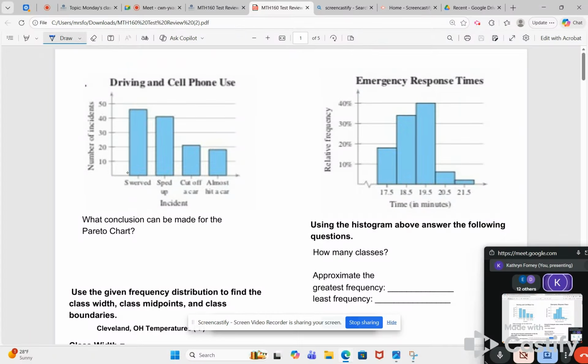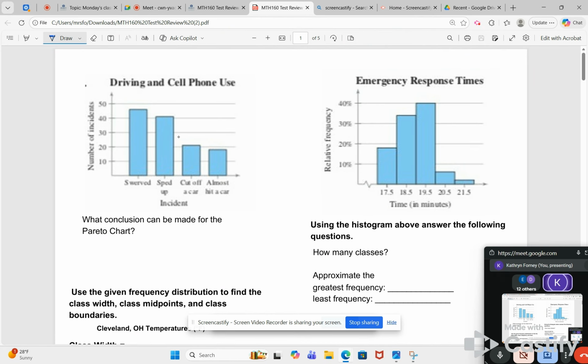If we look at this Pareto chart, what conclusion can we make? So basically, there's lots of options. You can say the least amount of people almost hit a car. You could say the more accidents happen because of people swerving while using their cell phone.